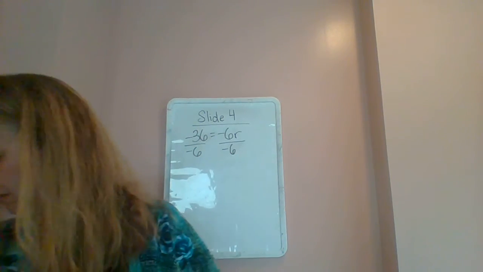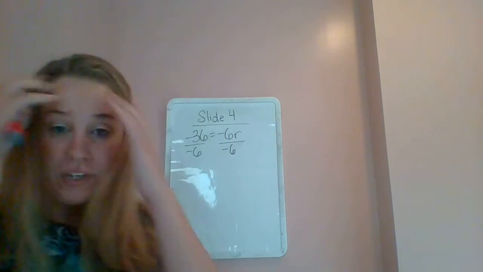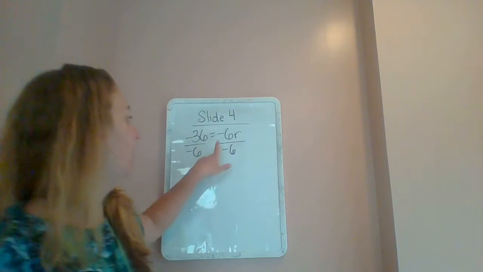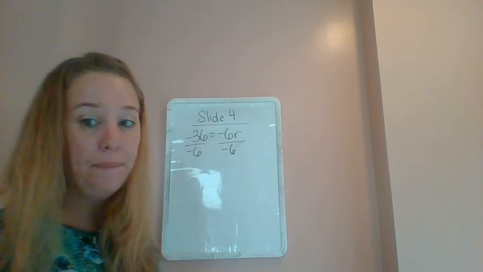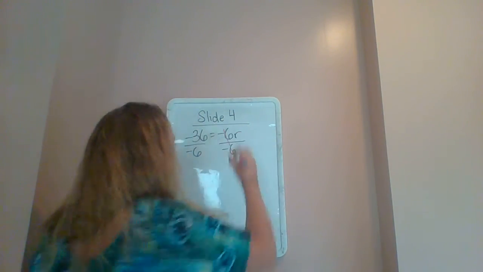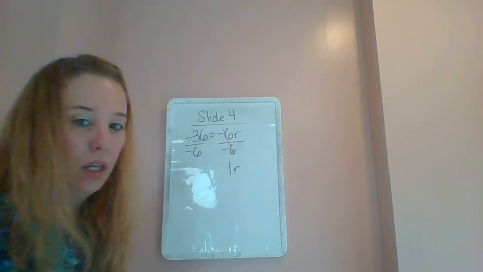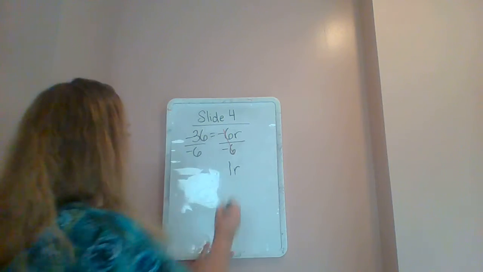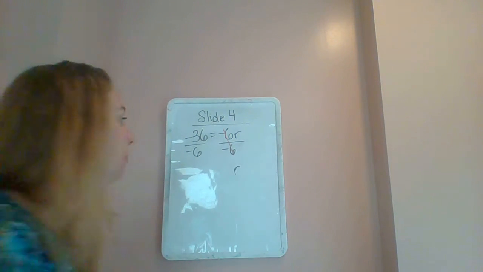And the reason I do that is, what is -6 divided by -6? It's a 1. So technically, it's not just that you're canceling it out. It's that this becomes 1r. But mathematicians are lazy. We don't write ones. So that's how you actually isolated the variable.